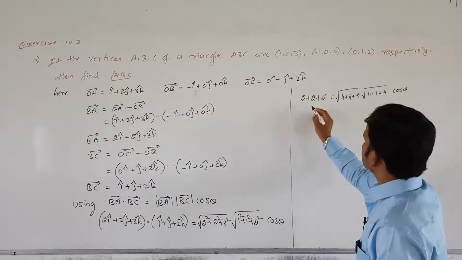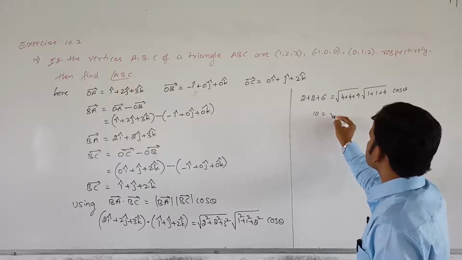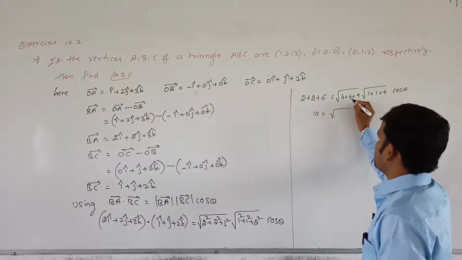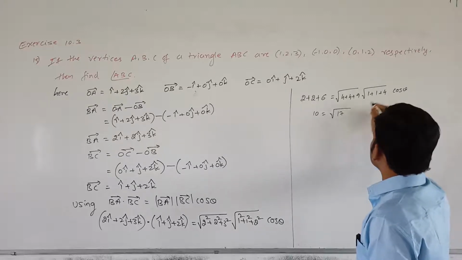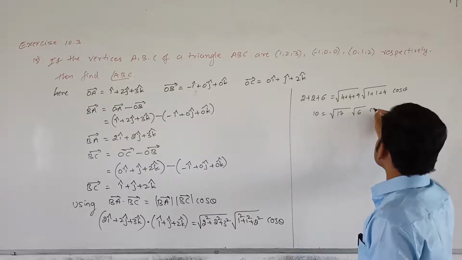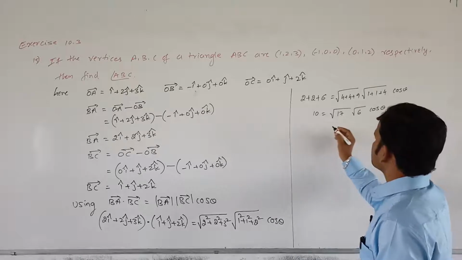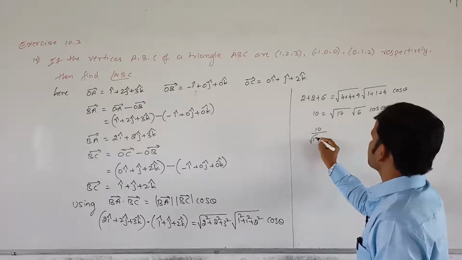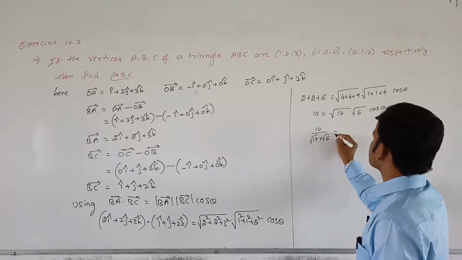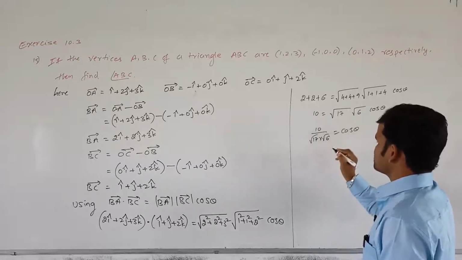This is 4 plus 6, 10. 10 is equal to square root of 4 plus 4, 8, plus 9, 17, into square root of 6, this is cos theta. Now here I have 10 divided by square root of 17 into square root of 6 is equal to cos theta. We can simplify this.